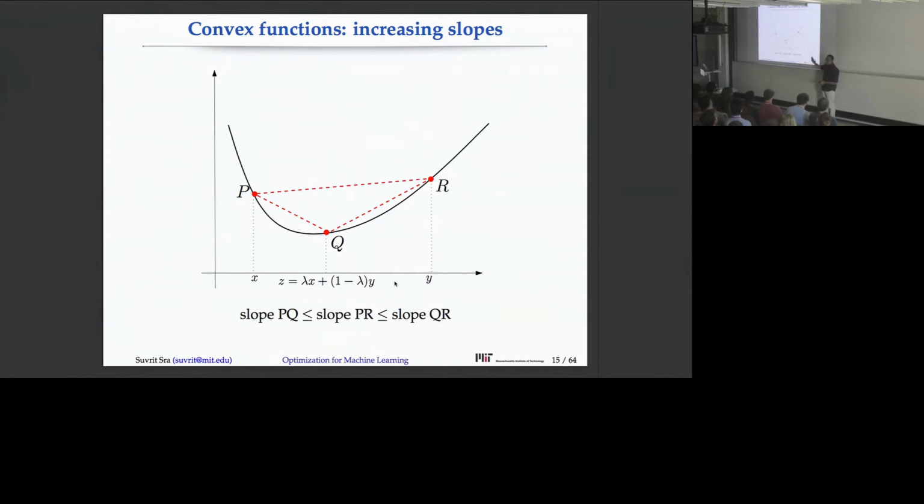You can see as you move along, the slopes get sharper. And this monotonicity property of the slopes also characterizes convex functions. So those were 3 pictorial ways of characterizing these functions.